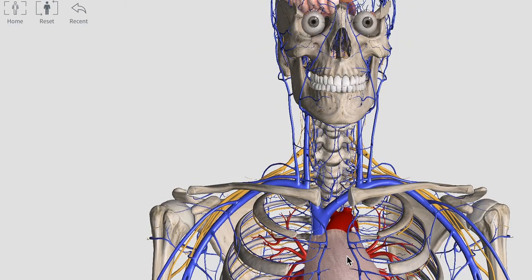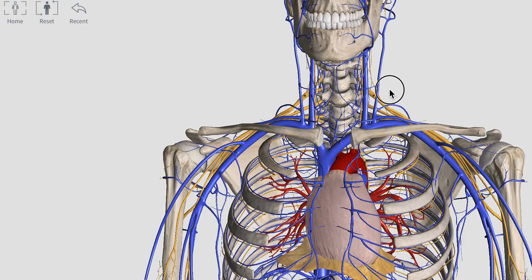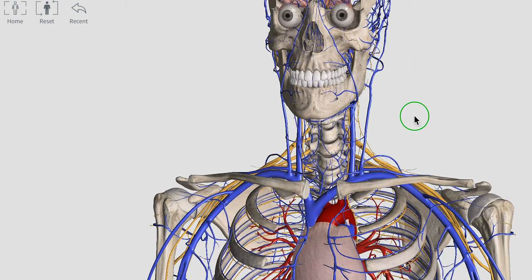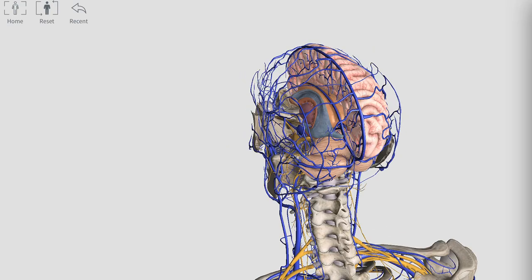The superior and inferior vena cava would enter the right atrium, to the right ventricle, and then exit through the pulmonary artery, which carries the deoxygenated blood, where it gets reoxygenated, and then back into the circulation. So that's the drainage of the central nervous system.